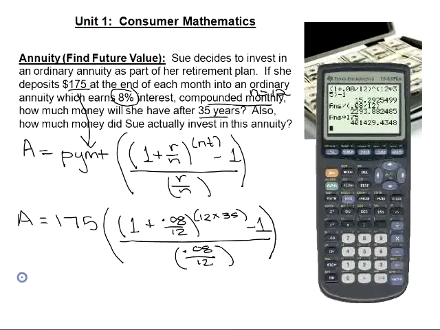So at the end of these 35 years, the amount in the account that Sue will have will be $401,429.43.